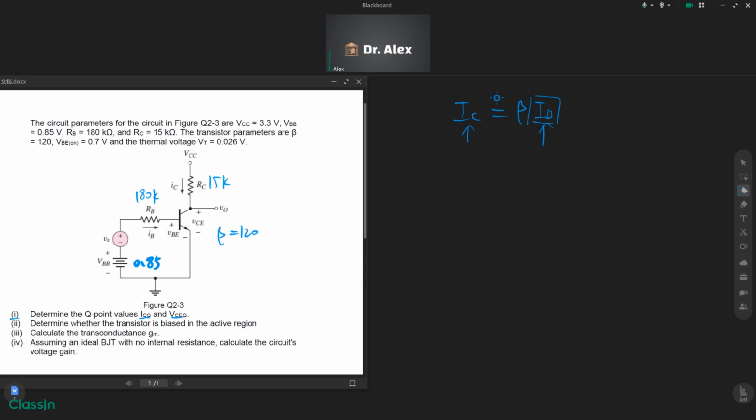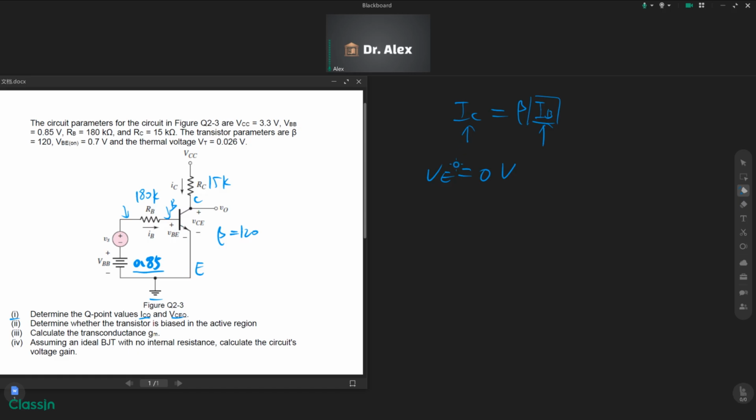The base current should flow in the base. Here is the base, here is the emitter, here is the collector. At the left side of the base resistor the potential is 0.85 volts, and VE equals 0 volts because it is grounded.